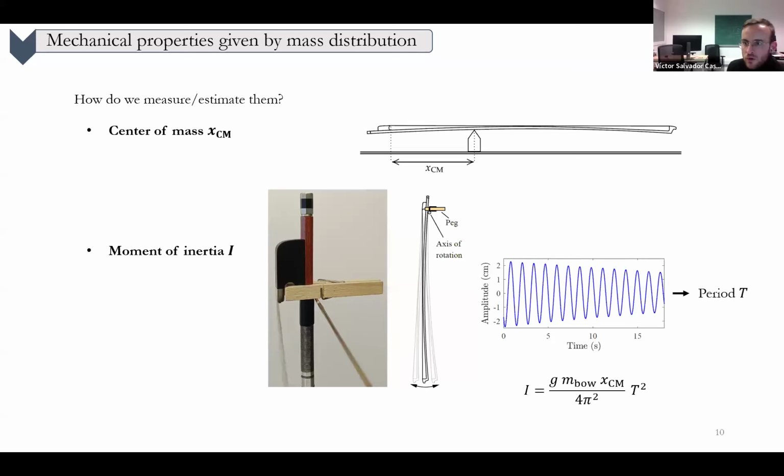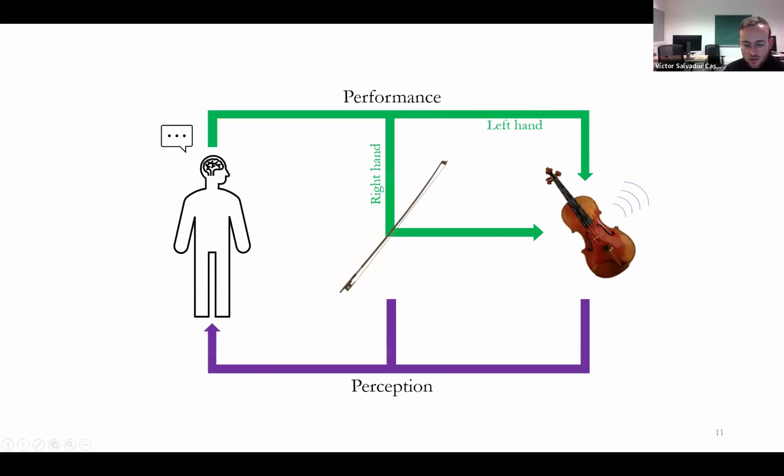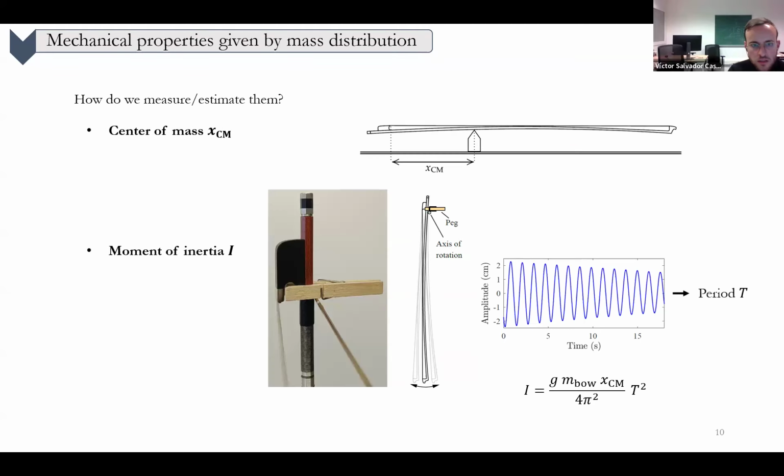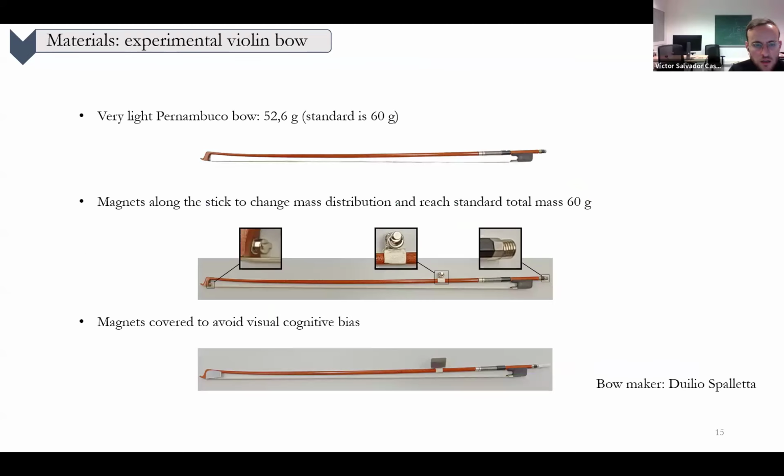Exactly. There was a small metal plate glued to the head of the bow, and the other part where we attached the masses was here, at about 15 centimeters from the frog.